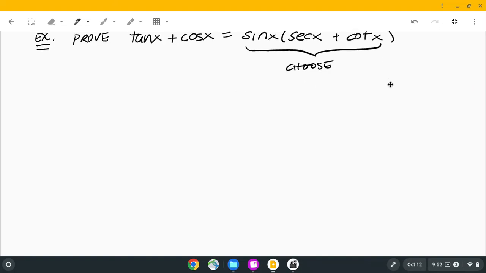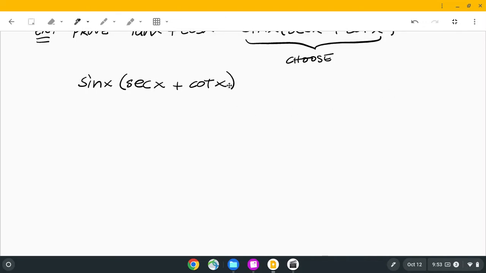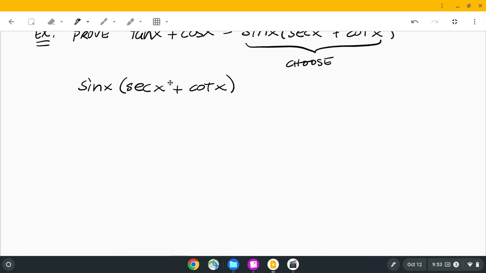All right, so let's see. Sine x times secant x plus cotangent x. Oftentimes, not always, but oftentimes, if you have several different trig functions involved, it might be easier if you try to change everything to sines and cosines.